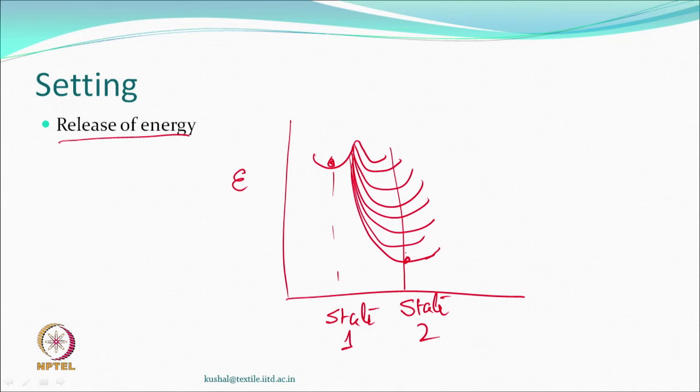Now, the tendency of this fabric which has attained this state to go to this state will be very low, because you have to go higher on the energy ladder, which the fiber may not like.